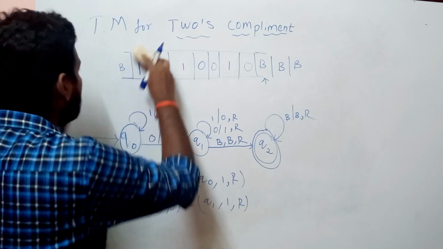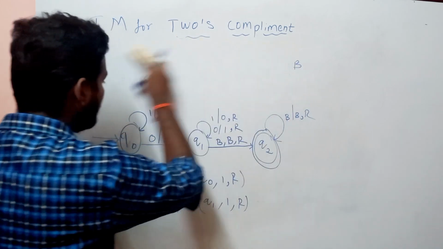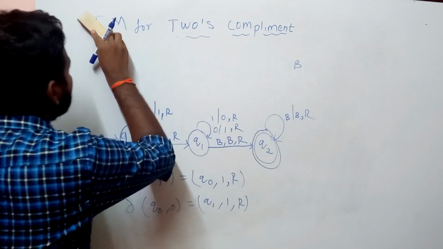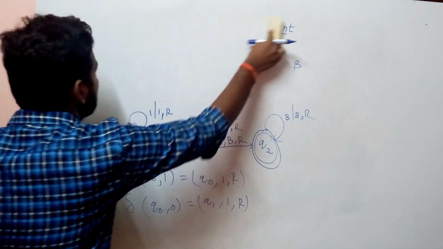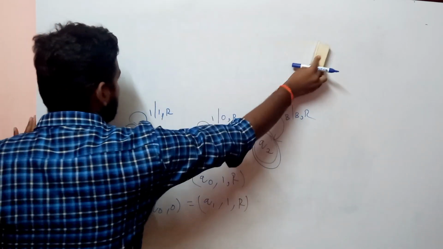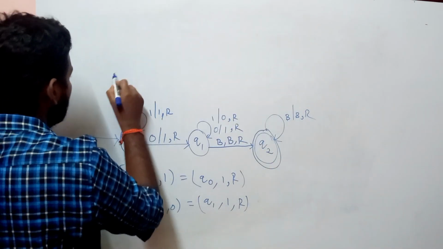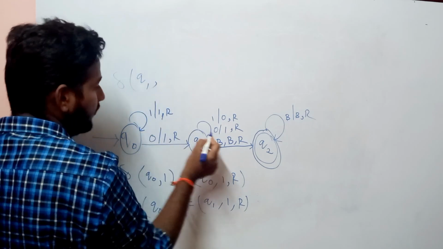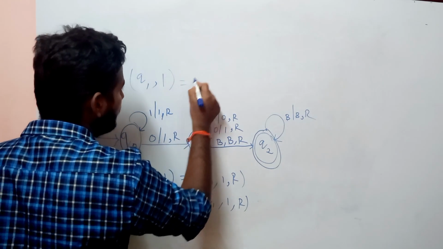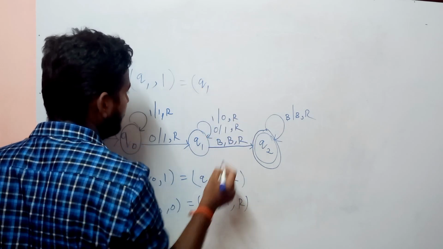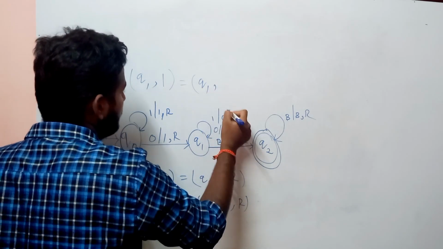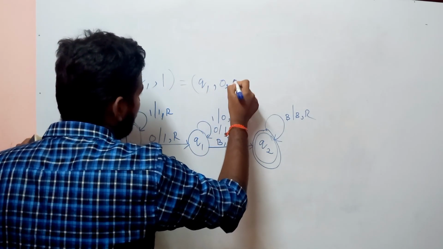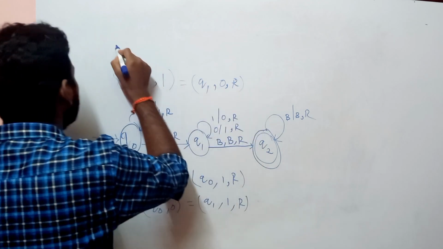Now we write the transition functions for Q1. For Q1, if we apply input 0, then it remains in the same state and gives output 0 and moves in the direction right.